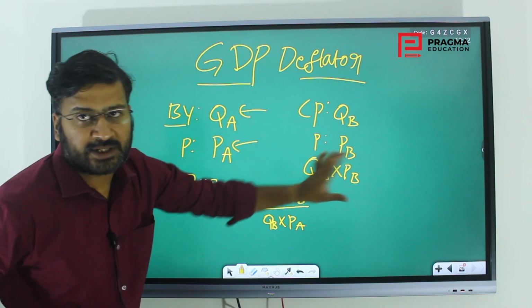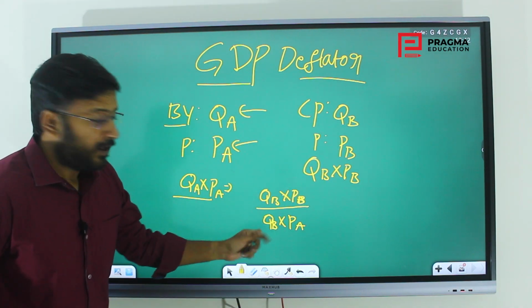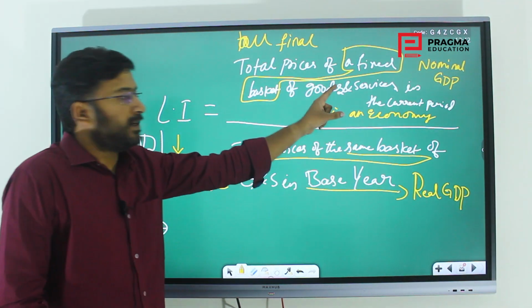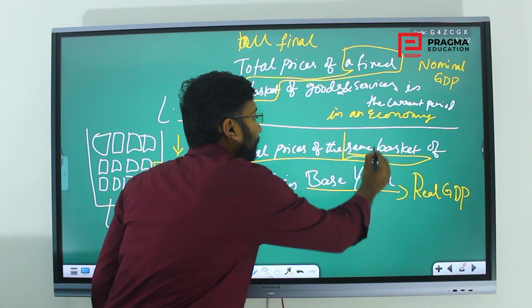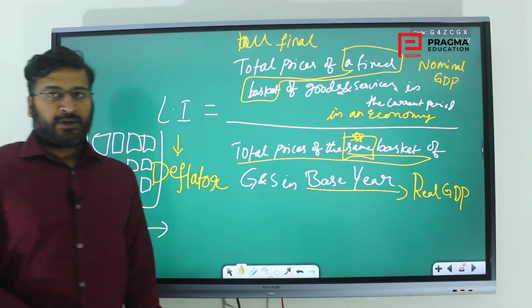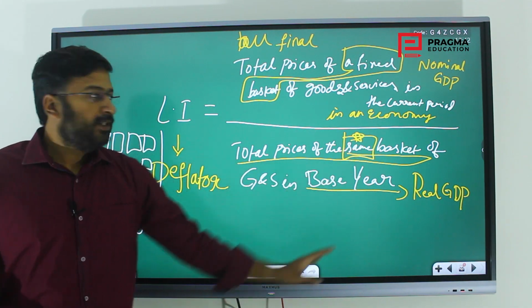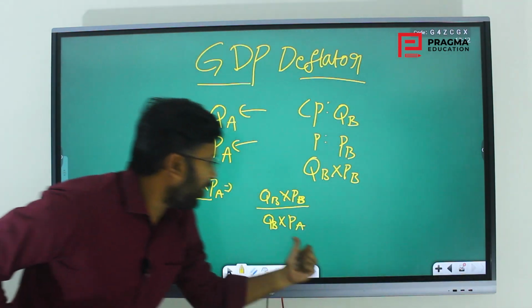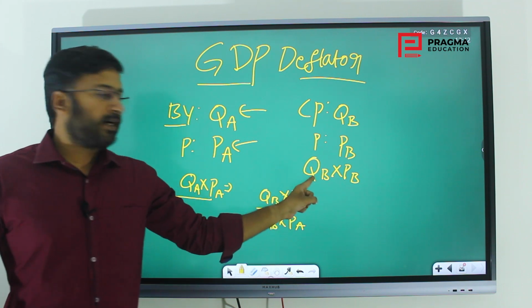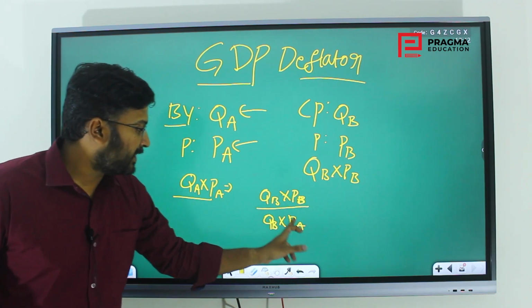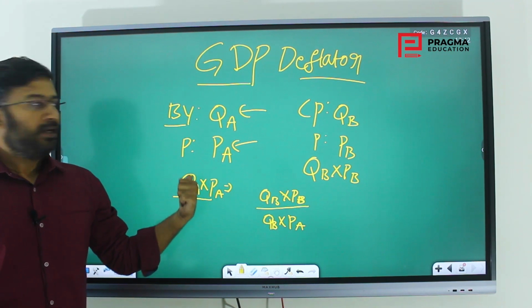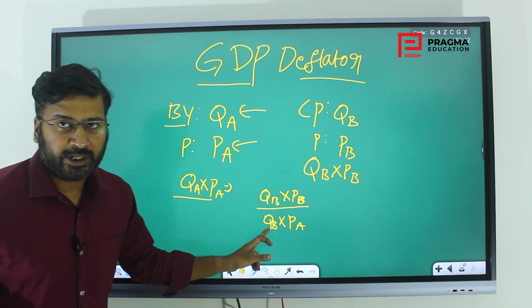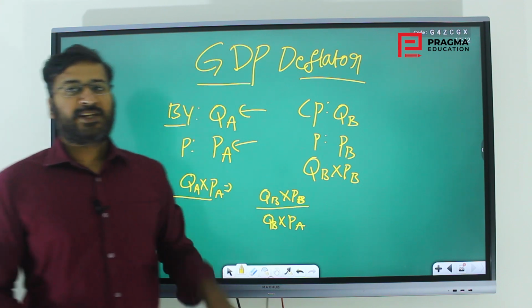The numerator is nothing but today's GDP. The denominator is this quantity of goods and services, the same fixed basket. If you don't keep it the same, this definition or concept will not be complete, because the quantity in the denominator is the current period's quantity, but the prices are the base year's. Now it will give, for the same quantity, how much prices have actually risen.